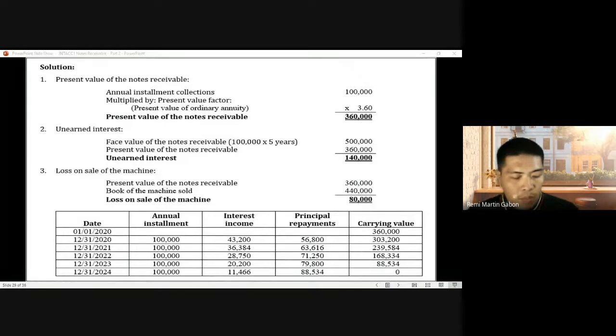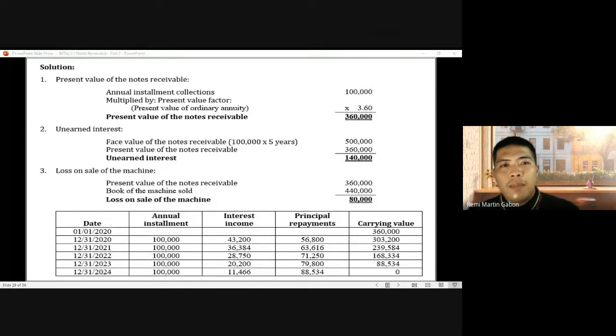So, this time, 100,000 minus 88,534, lalabas 11,466. Sige nga, kung correct tayo sa assumption natin na si 360,000 represents principal amount, kindly total si principal repayments kung magkano ang lalabas dyan. Okay?